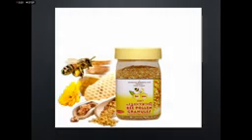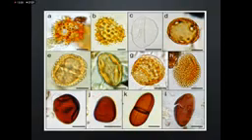Here there is a bottle of bee pollen granules. This is an example of the economic importance of pollen grains. Here different textures of pollen grains can be seen.